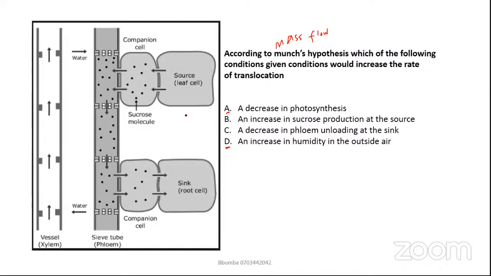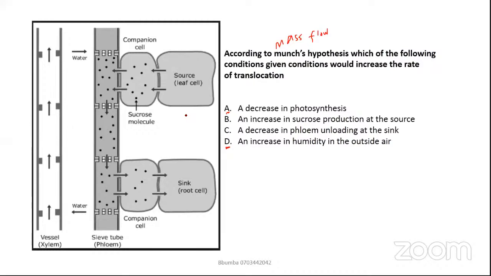According to me, I think an increase in humidity in the outside air is going to lead to increased water potential within the cell itself. And thus the increase in water potential is going to decrease the solute potential, thus decreasing the rate of translocation. Emerald, you are saying that humidity, that is increase, come again?